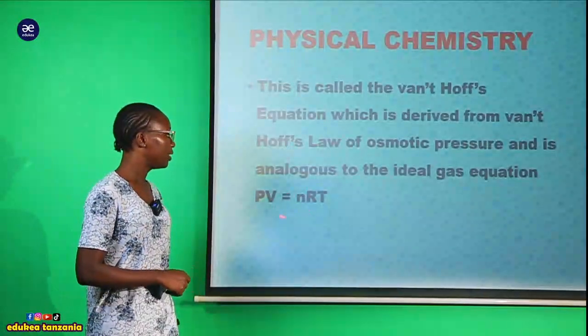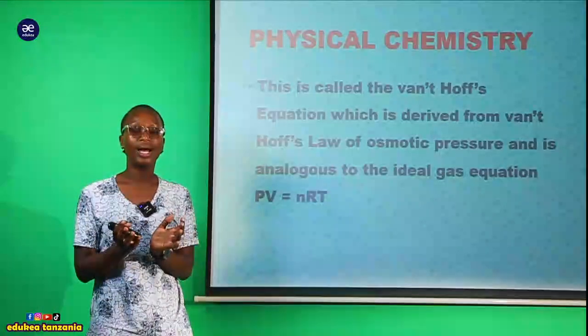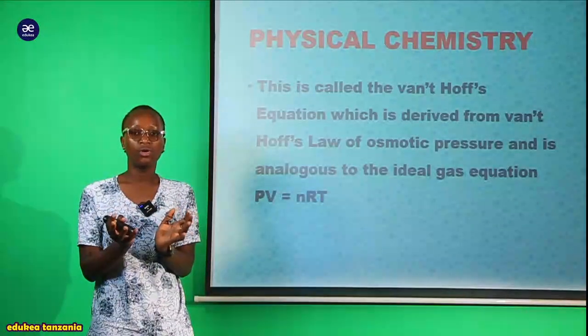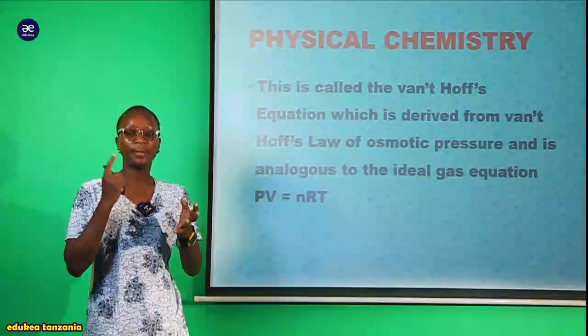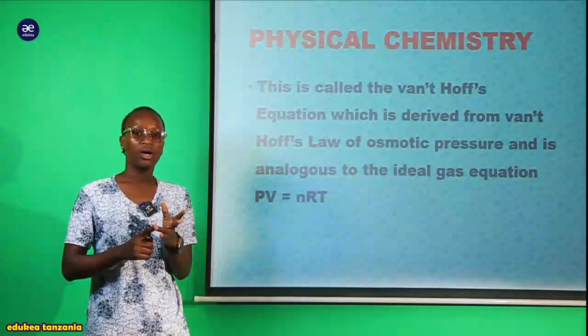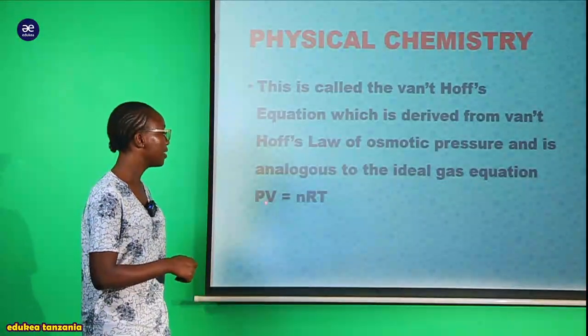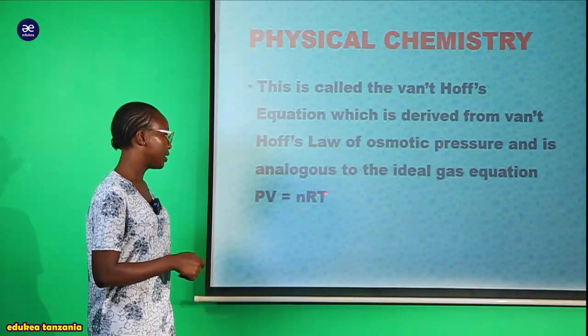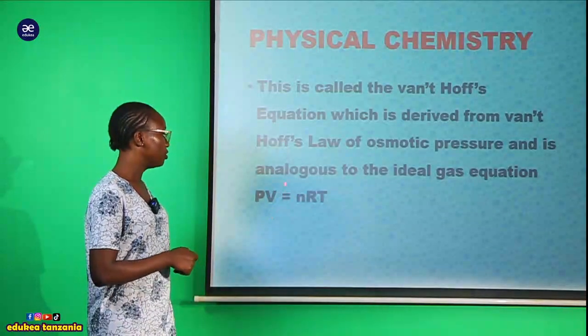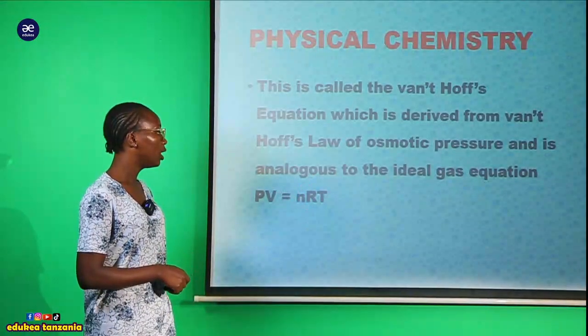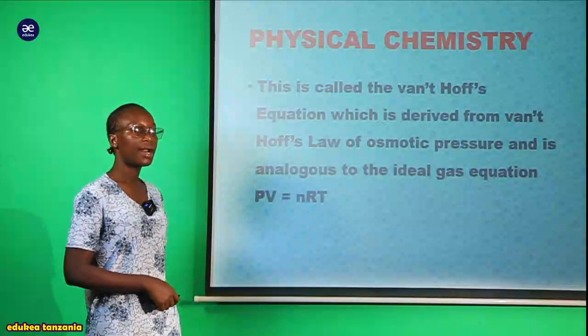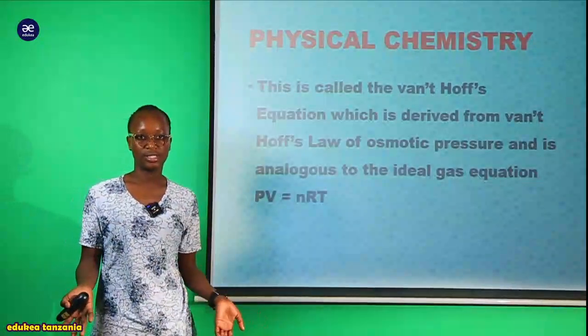Ni equation ambayo inaonyesha all variables of the gas parameters ambayo ni pressure, temperature, volume and the number of moles of gases. That's why unaona kwamba PV is equal to nRT. P ni pressure, V ni volume, n ni number of mole, T ni temperature, lakini hii R ni universal gas constant.